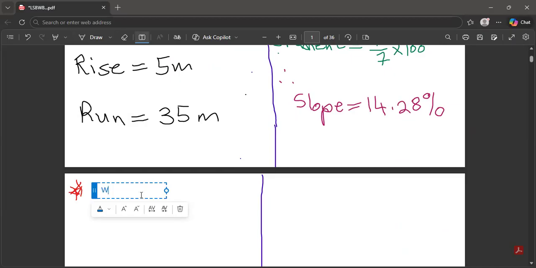We can also write 14.28% as a ratio 1 is to n. So we are just going to solve that now to make life easy.